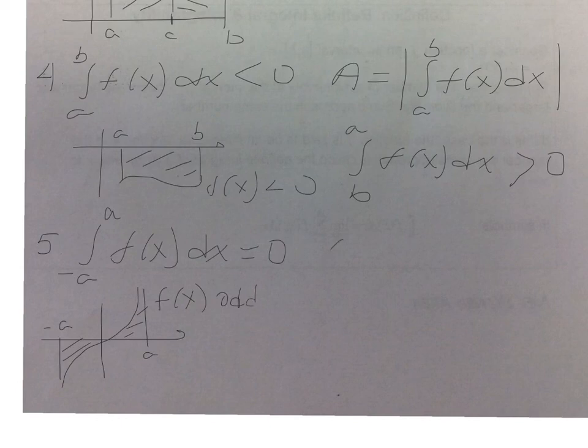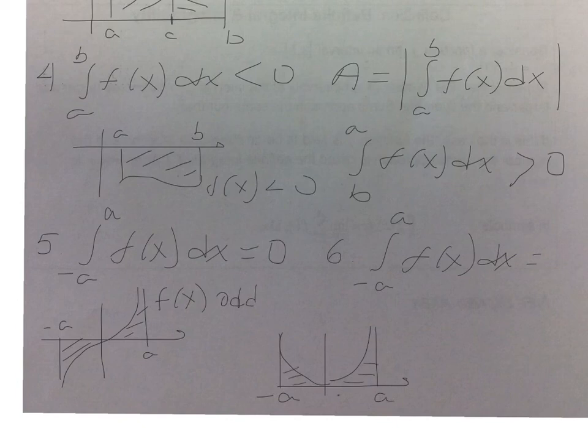And the last one, number 6, we're going to look at the same integral from negative a to a, and in this case, function f of x is going to be an even function. So let me sketch the graph, something like a parabola. From negative a to a, I'm looking at this piece plus that piece.